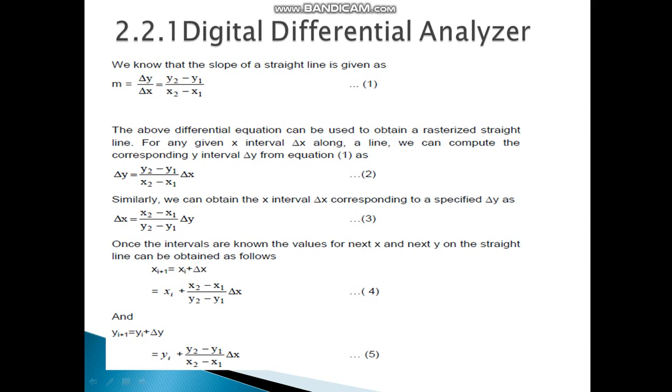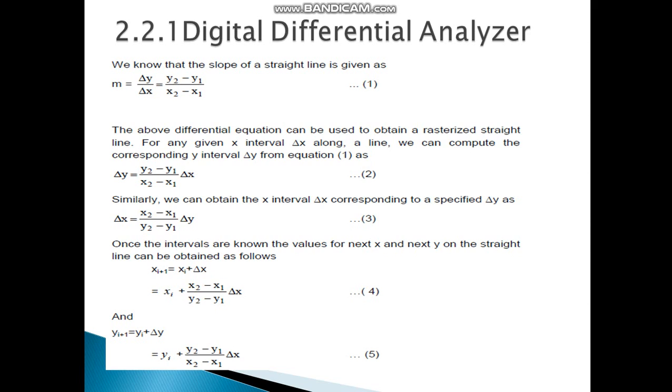Means y2 minus y1 upon x2 minus x1 is nothing but the slope of the line, that is m is equal to delta y upon delta x. Here we call delta y as dy and delta x as dx.